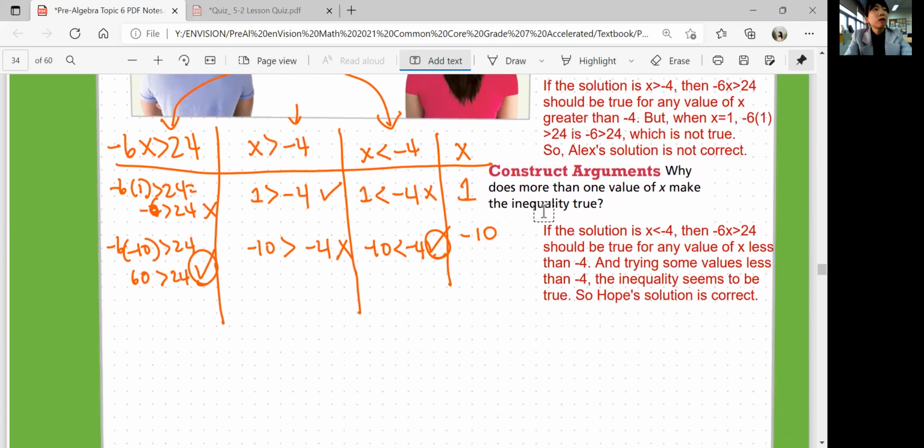All right, let's look at Focus on Math Practices. What do you notice about the inequality symbols used in the original inequality and in the correct solution? From the original one to your correct solution, the inequality symbol flipped from greater than to less than, right?